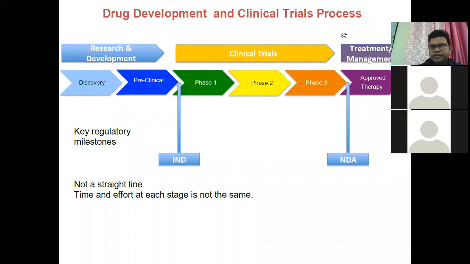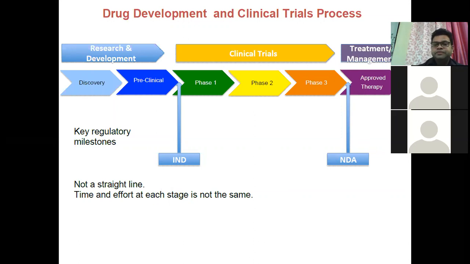This is the third process. In the first process, research and development, we go for discovery and preclinical work. Actually, IND and NDA are applications used for approval of a new drug, and they are used in the USA.